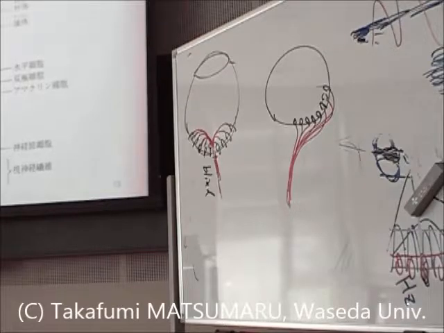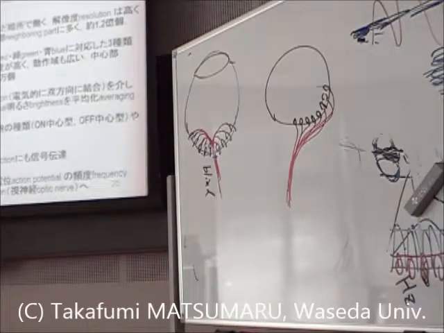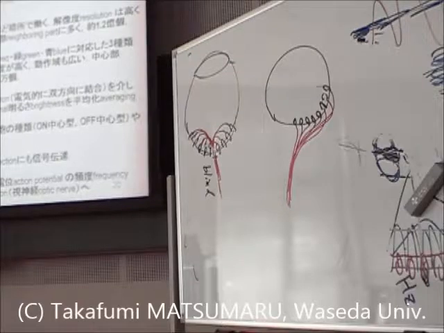The retina is like this, and the crystalline lens is here, and the light is applied here and some nerve system is here. Mainly this cell to this cell, and also this cell. So mainly 5 kinds of nerve cell are here: the rod cell, cone cell, horizontal cell, bipolar cell, and amacrine cell.